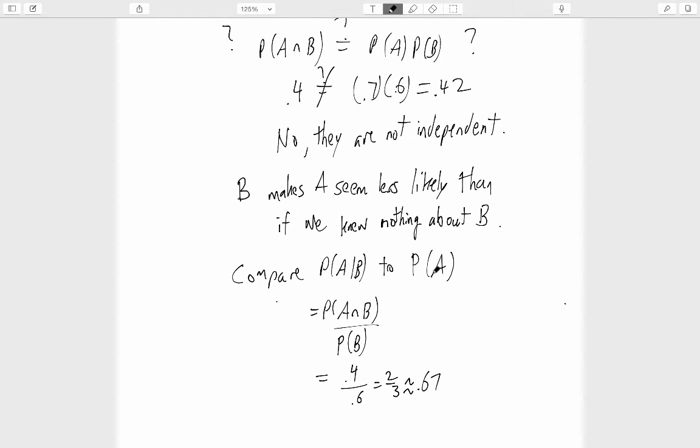Meanwhile, the before-the-fact probability, the unconditional probability of A, is given to be 0.7. So we reach the same conclusion. The new assessment of how likely alpha-schmalfidol is to be approved is less than it would have been before we knew about beta-schmetazine being approved. So by our old method, we reach the same conclusion as we did by our new method.